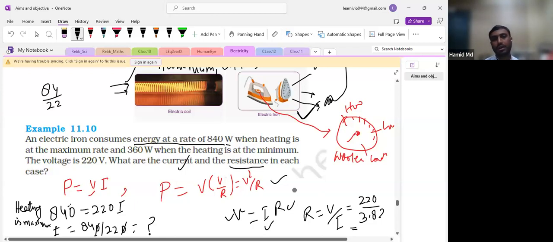And similarly, try the next one, when heating is minimum. Done, sir. Both parts. Yes, sir.